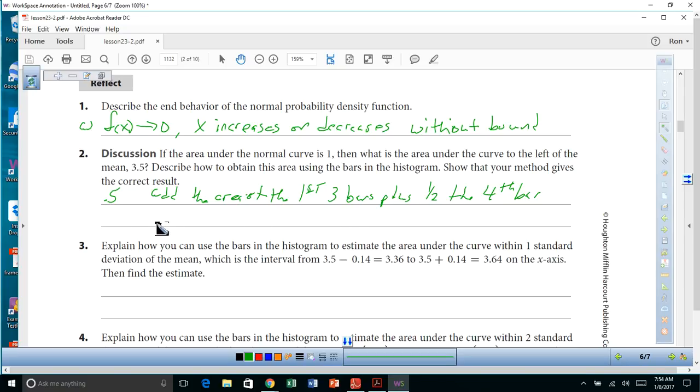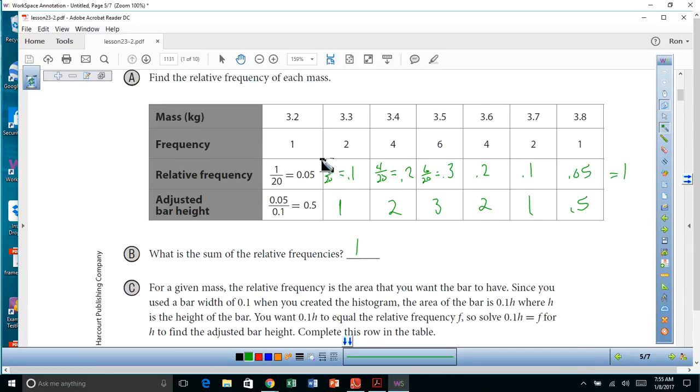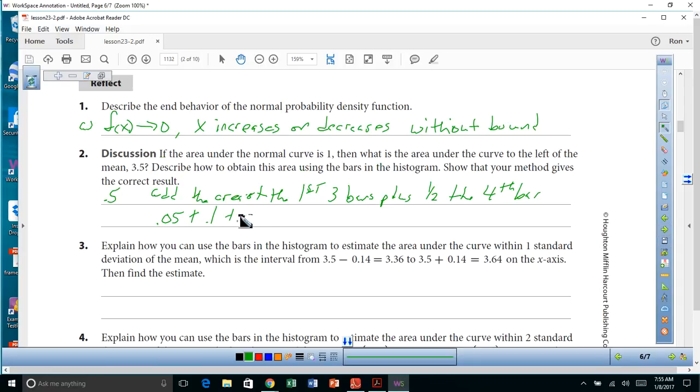So the first one was 0.05 plus 0.1. And let's go back. And that was 0.2. Plus 0.2 plus 1/2 of 0.3, and so that's going to 1.5, 3.5, 4.5. That gives you 0.5. Okay.